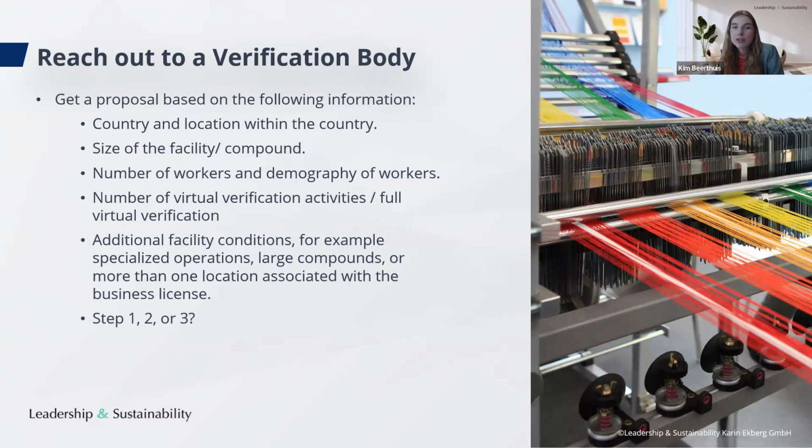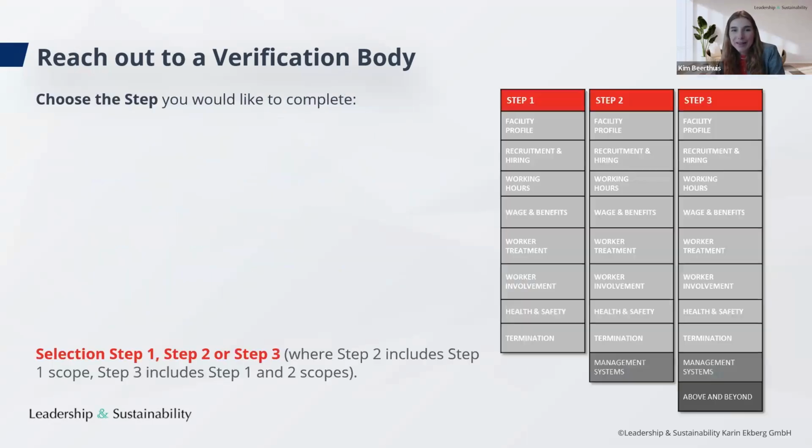We would also need additional facility conditions, for example, if there are any specialized operations, if there are very large compounds, or if there's more than one location associated with the business license. And then we would need to know if it's a step 1, 2, or 3 assessment. And on the next slide, I will explain the differences between step 1, 2, and 3.